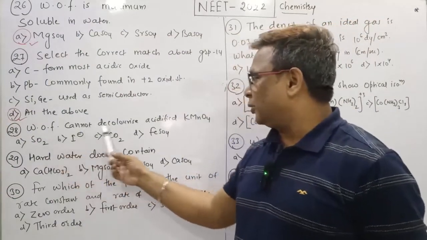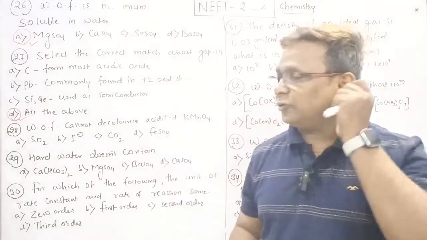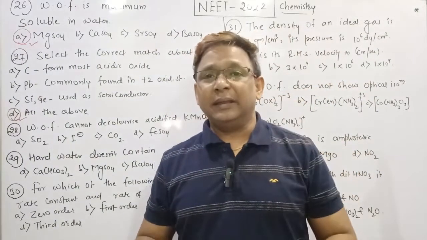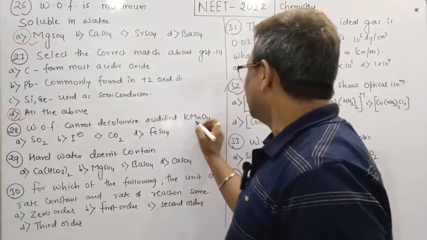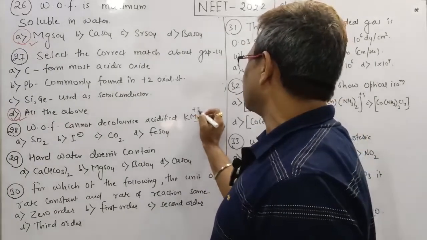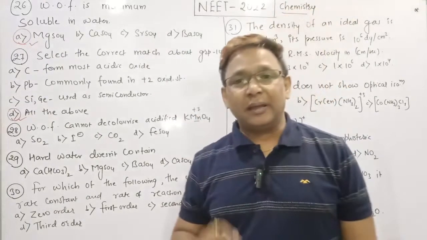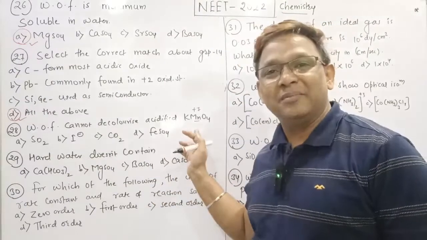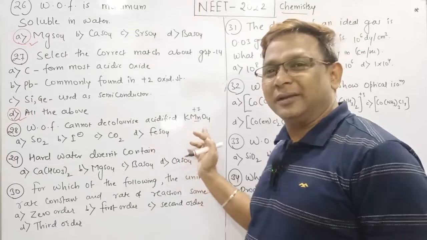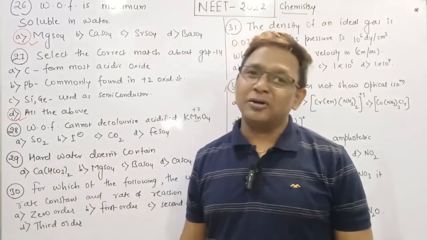Which of the following cannot decolorize acidified KMnO4? Decolorization of acidified KMnO4 means, in this case, my Mn is in the +7 oxidation state. But if Mn is in the +7 oxidation state, it can undergo reduction. And if it undergoes reduction, the other species should undergo oxidation.